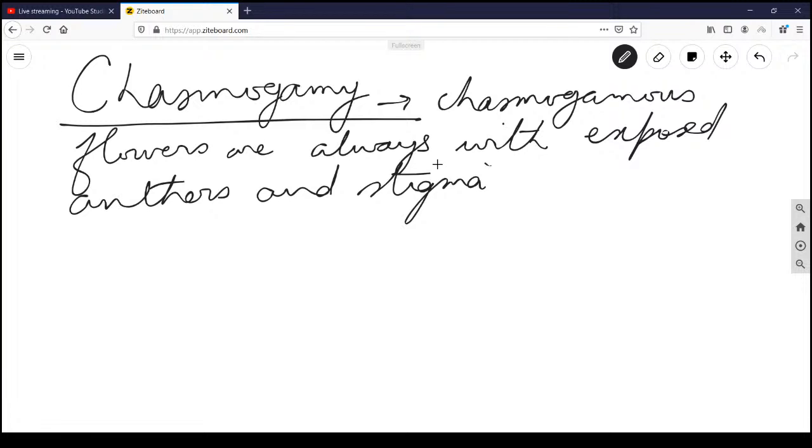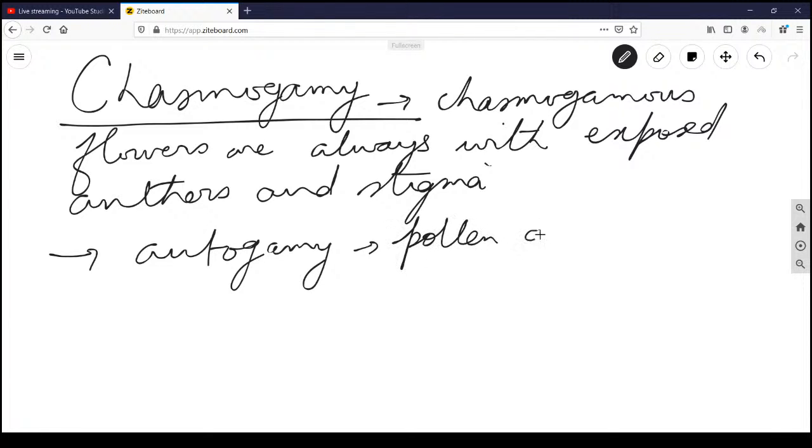You increase the probability of a cross pollination event, or at least you will be having heteronogametic events. So in order for autogamy to happen in such flowers, two criteria must be fulfilled. It depends on pollen grain release and stigma sensitivity.